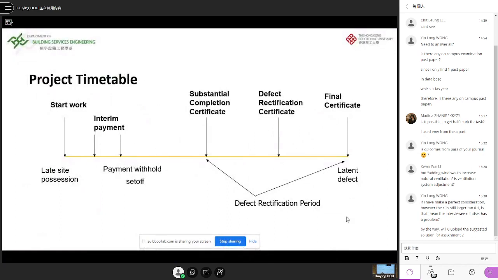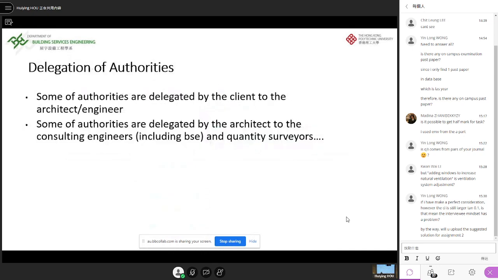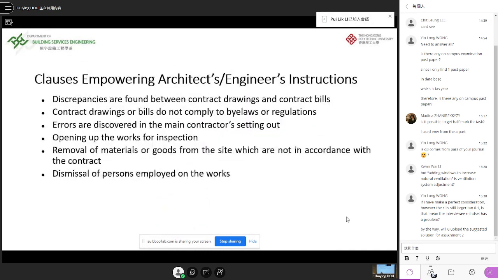So these are the activities involved in the contractual relationship between the two parties. So who plays the role of giving delegation?